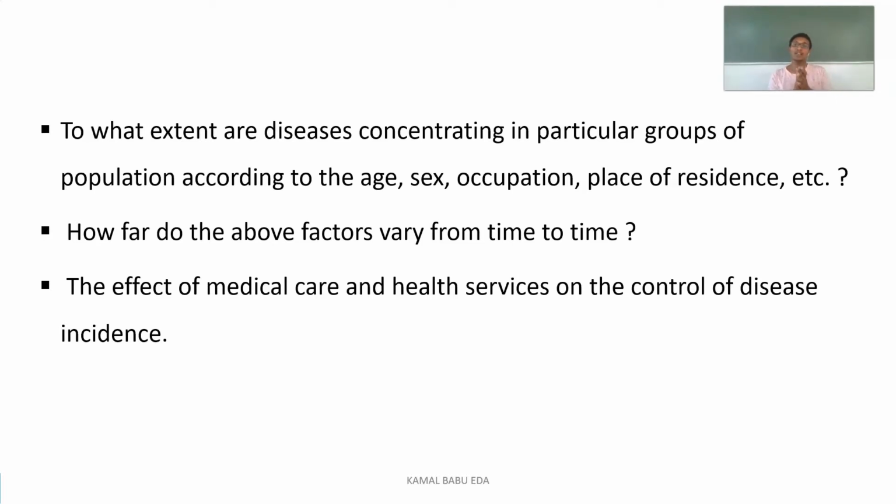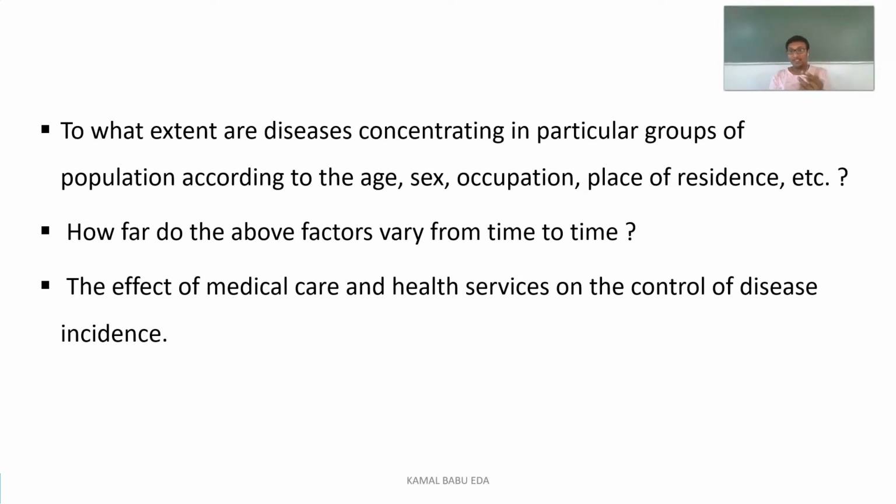What this means is, to what extent the disease is coming in the people, which age group has been affected, which gender has been mainly affected, what type of working conditions are more favorable for this disease, and where the disease is occurring, whether it is confined to a single area or spreading over the whole area.